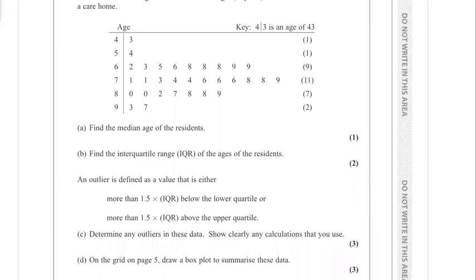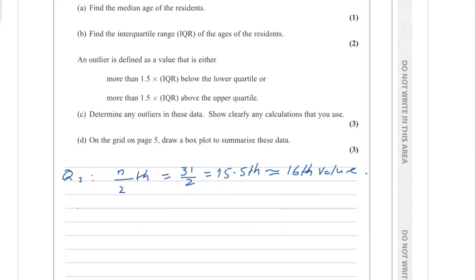This is first, second, 3, 4, 5, 6, 7, 8, 9, 10, 11, 12, 13, 14, 15, 16. So this value is 16th. If I write the full number, this is a stem and leaf diagram, so we have to write stem and leaf together. So it will be 74. So Q2, the median, is 74.